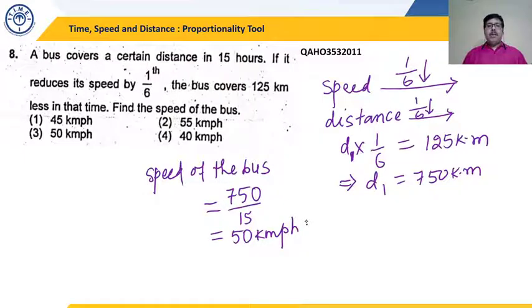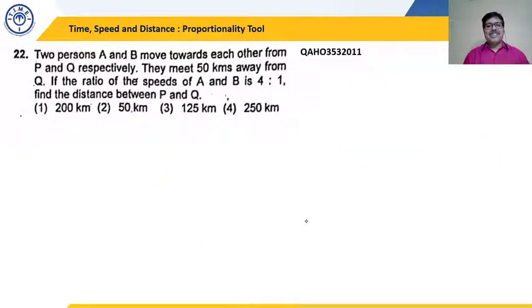So my original speed of the bus is 50 kilometers per hour. I hope this is fine. Okay. So in the first question, distance was constant. In this question, time taken is constant.